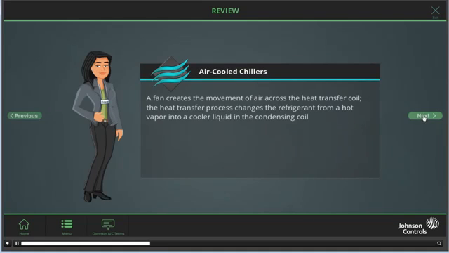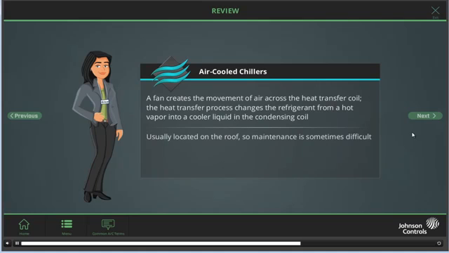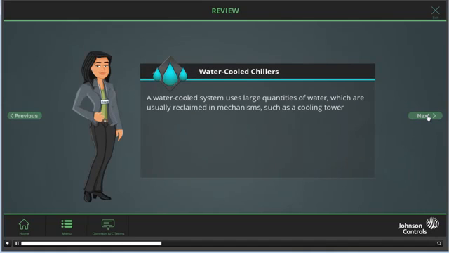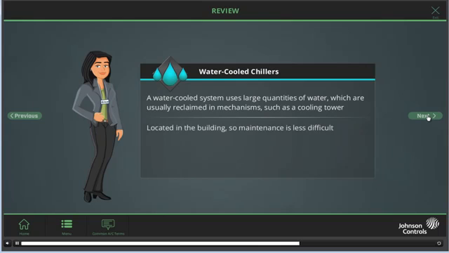Review these facts about air-cooled chillers that were covered in today's training. Review these facts about water-cooled chillers that were covered in today's training.